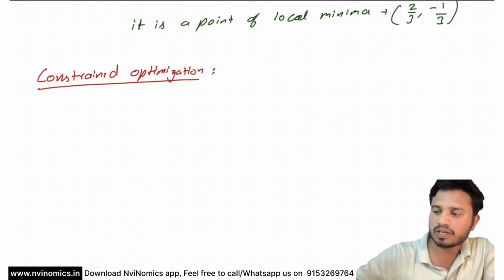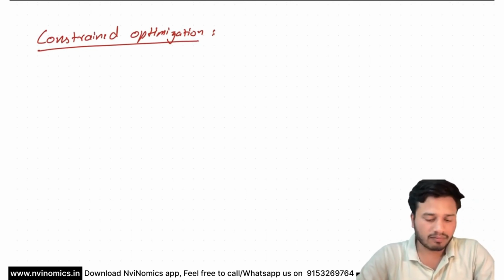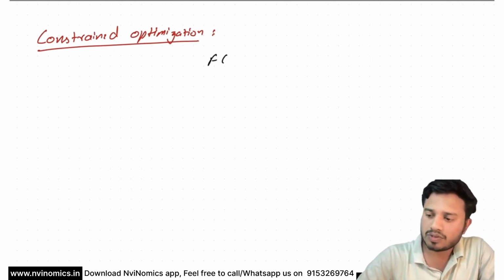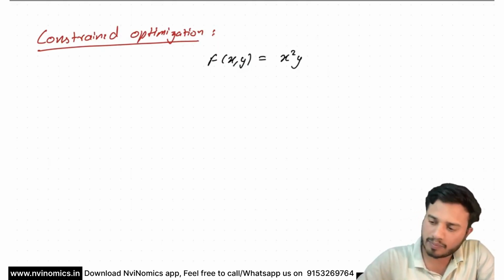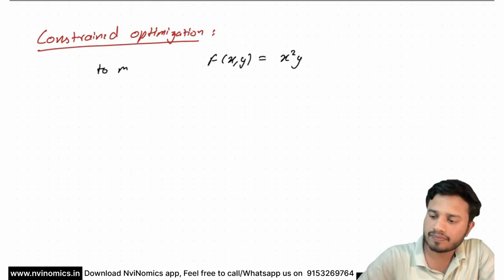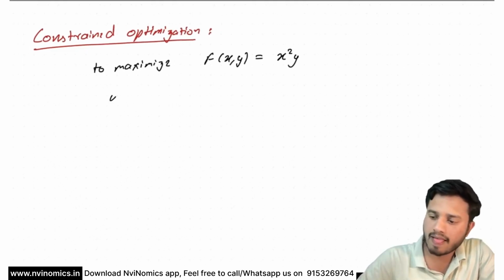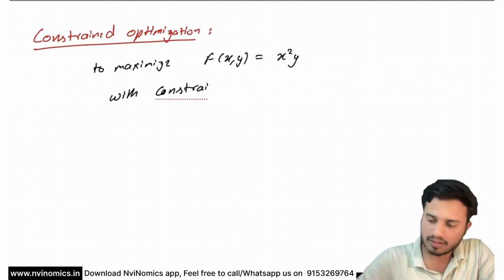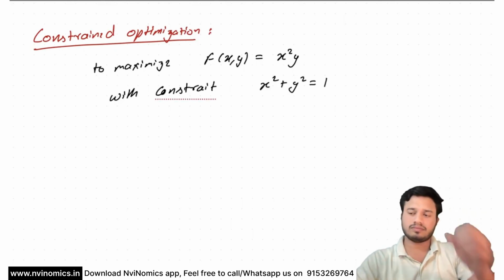So how does it look? Suppose that f(x, y) is given like this, and we have to maximize it with some constraint, x square plus y square equals 1.